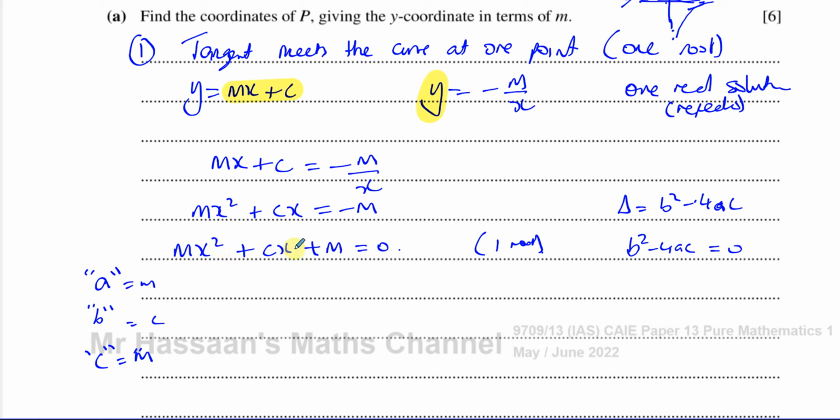So don't get confused by the fact that there's a c here and a c there. This c is the coefficient of x, so it's the b in that formula. So we can say b squared minus 4ac has to equal 0. So b is c, so c squared minus 4 times a, which is m, times another m, equals 0.